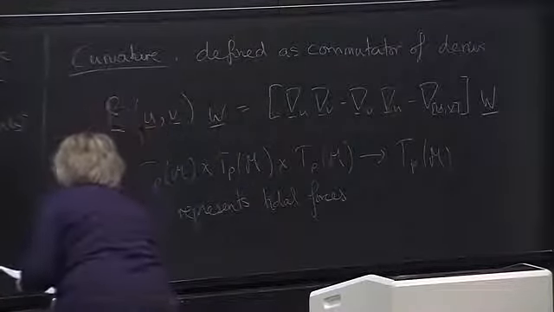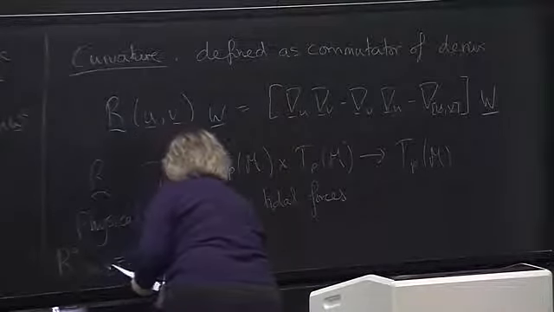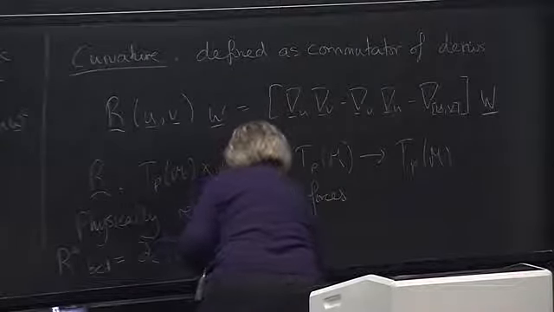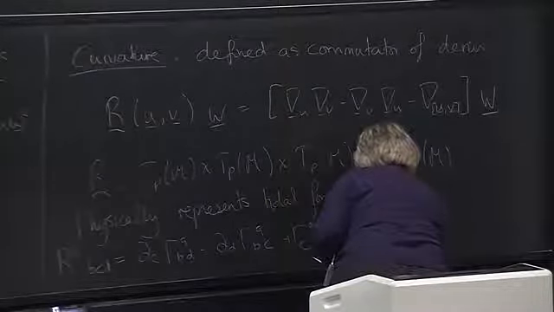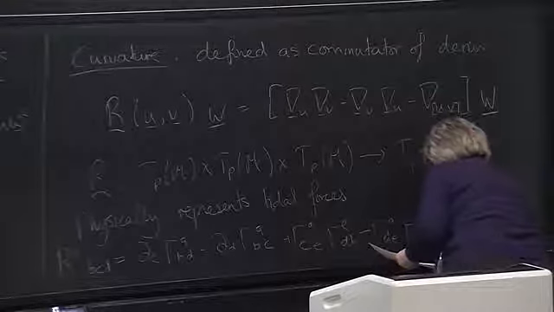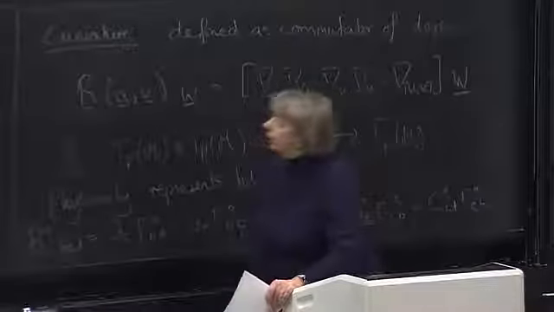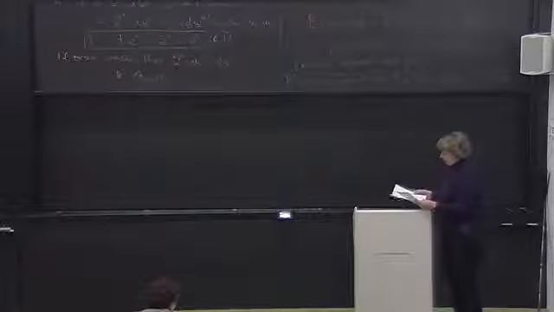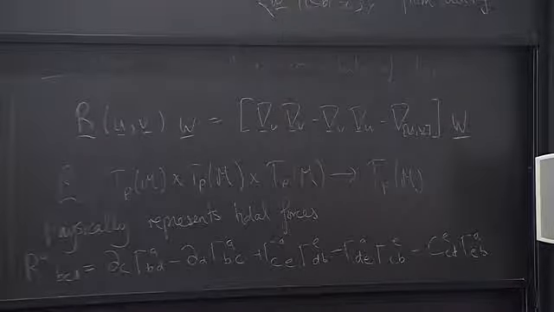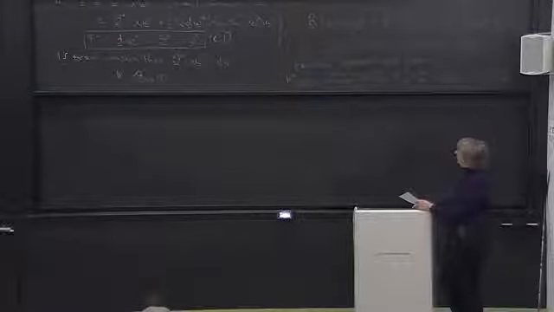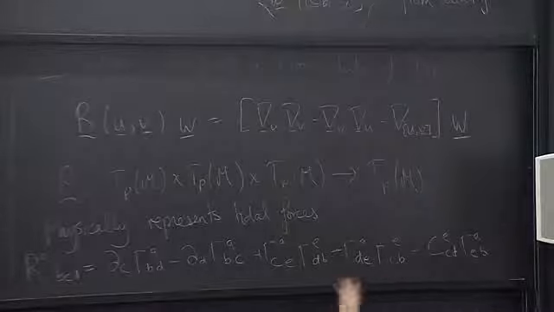So in components, the components of the Riemann tensor are what you would expect, what you've already seen in the coordinate basis: the anti-symmetrized partial derivative of these connection components, and the anti-symmetrized gamma-gamma pieces.